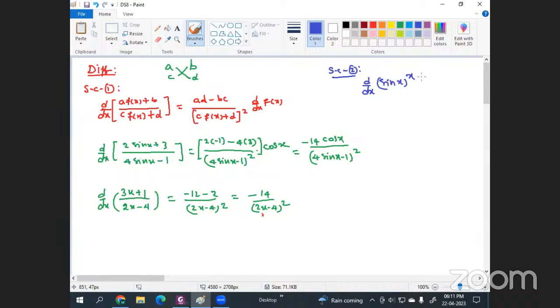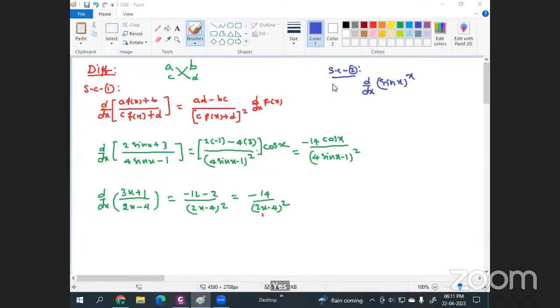Anybody else who got the answer? Sin x to the power of x. What is your answer? Anybody else? Aditya. Yes, x power x sin x.